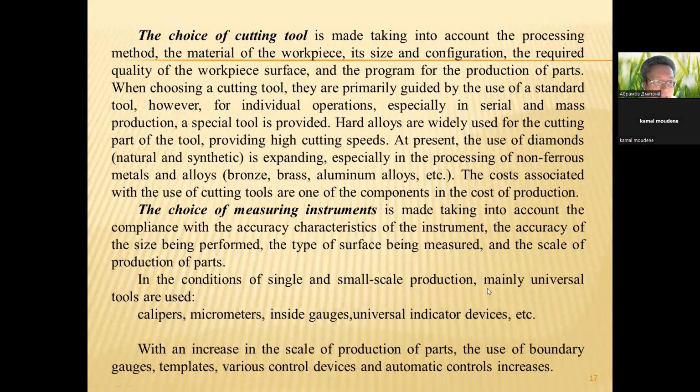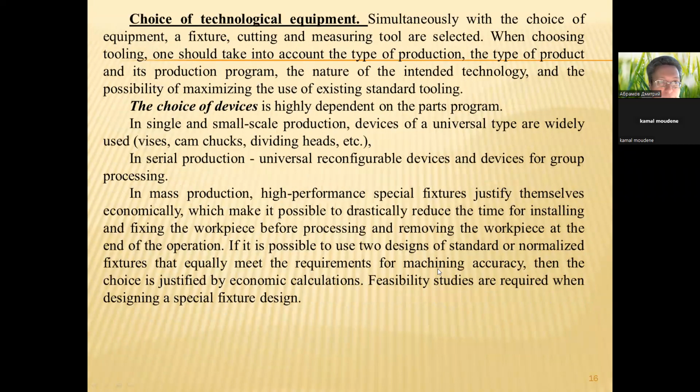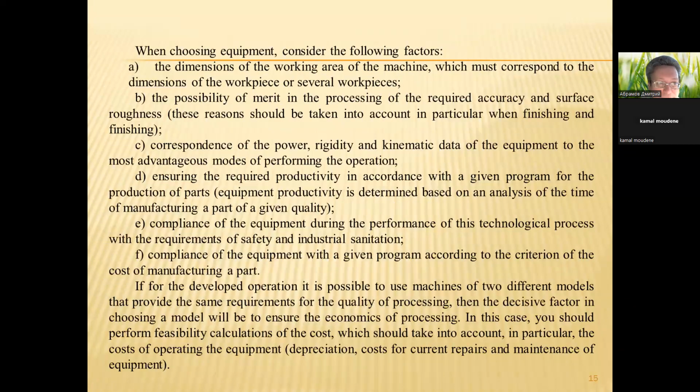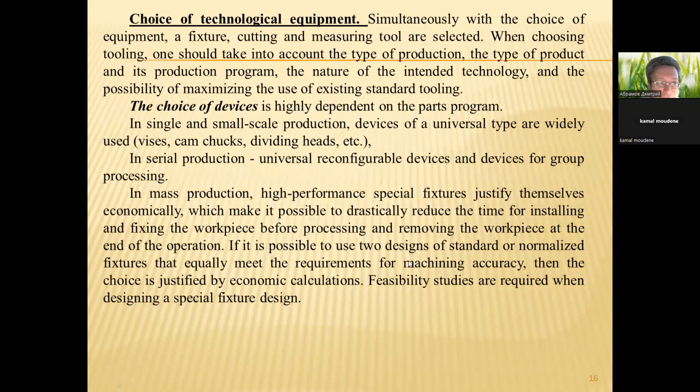And next stage is the choice of cutting tool. After choosing equipment, we have the choice of technological equipment. Simultaneously with the choice of equipment, a fixture, cutting and measuring tool are selected.